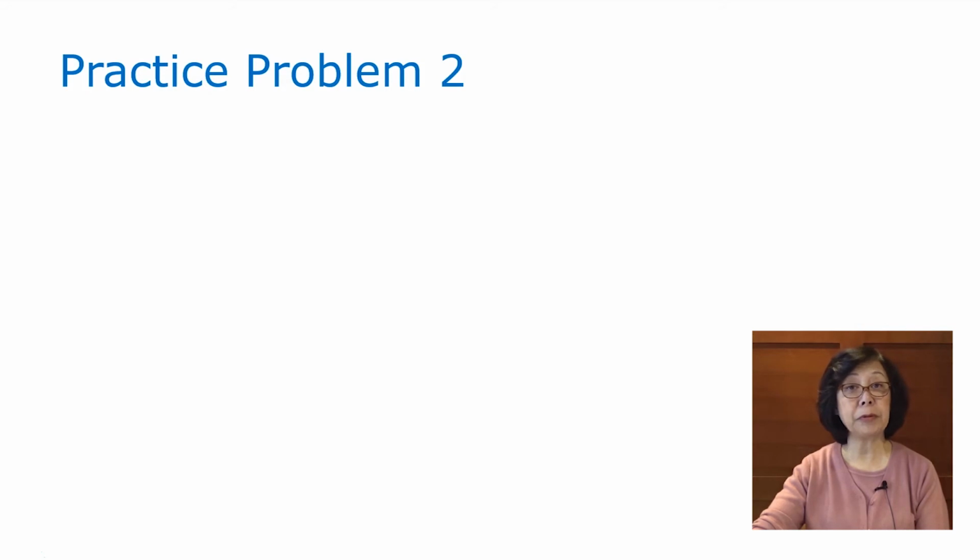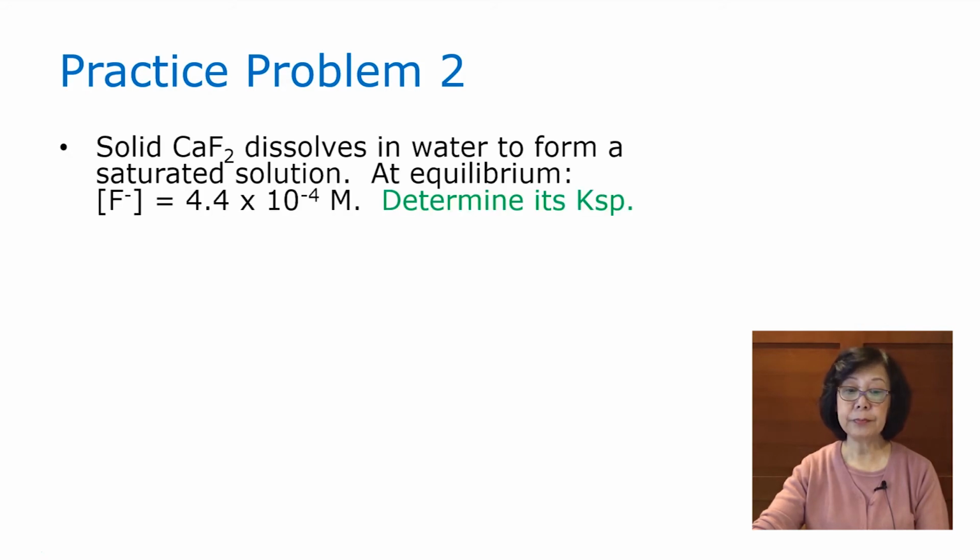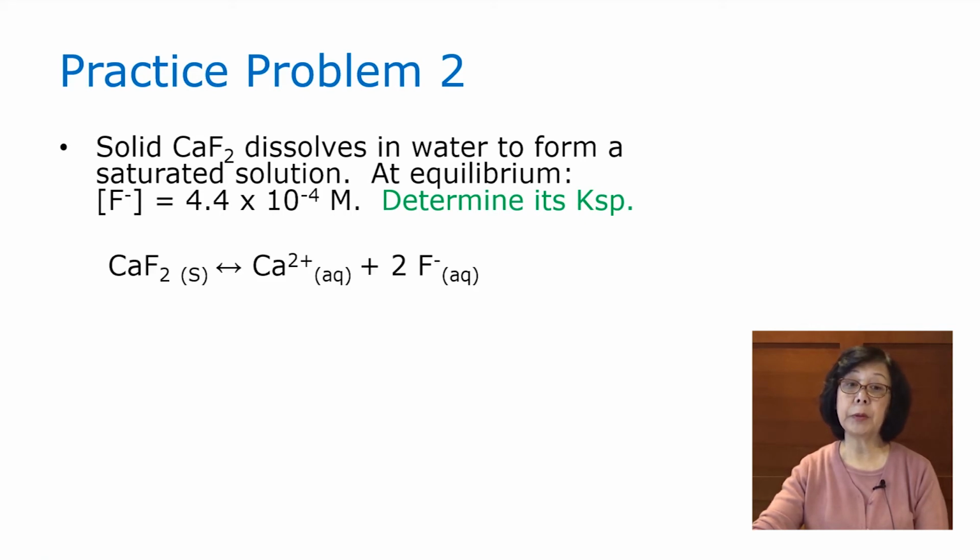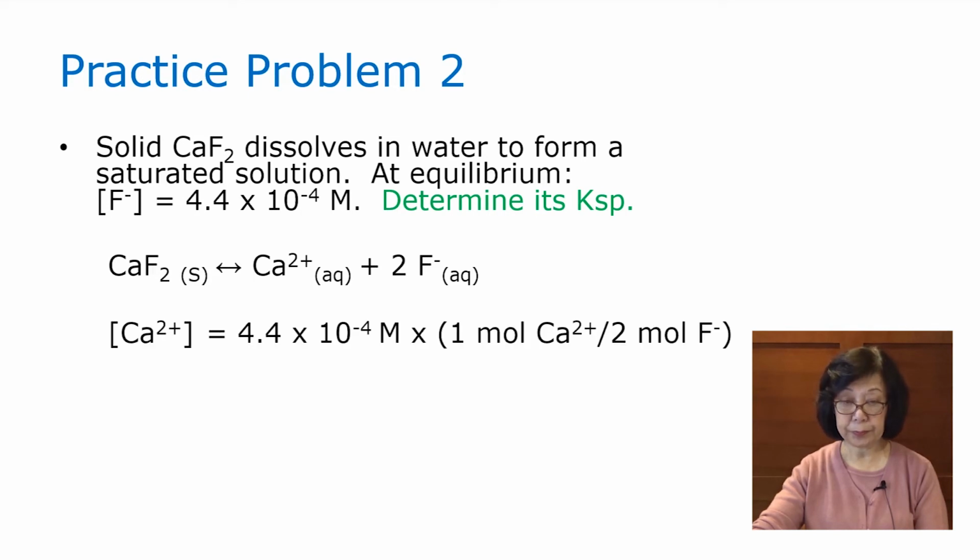Try practice problem number 2. Solid calcium fluoride dissolves in water to form a saturated solution at equilibrium, given that the fluoride ion concentration is 4.4 times 10 to the minus 4 molar. Find its KSP. Now first we write the equation. 1 mole of calcium fluoride dissolves to form 1 mole of calcium ion and 2 moles of fluoride ions.